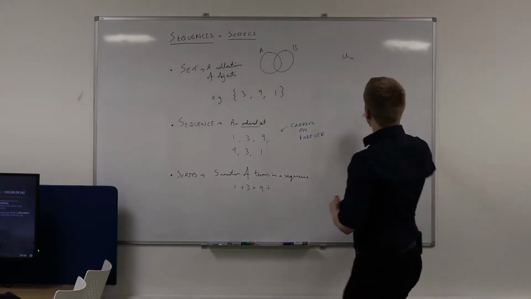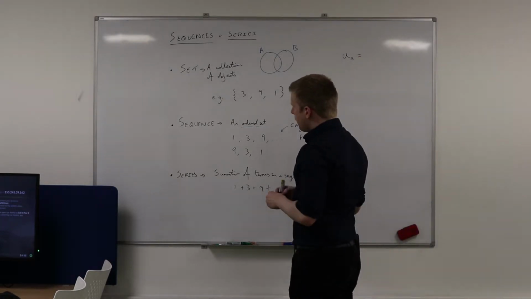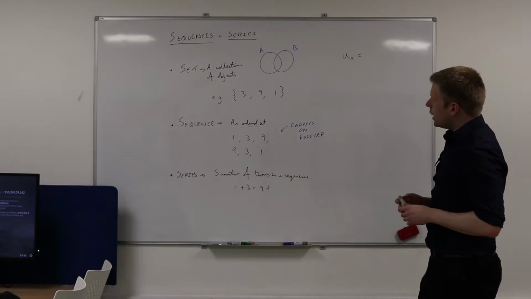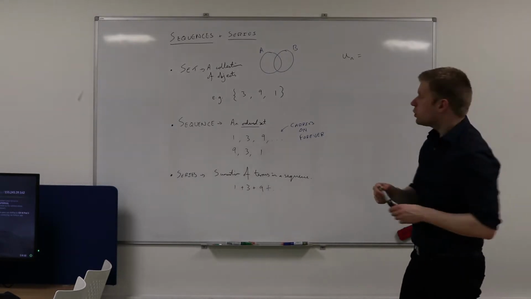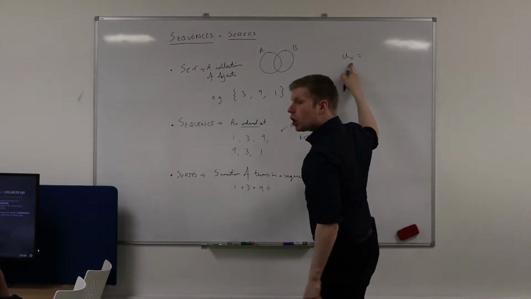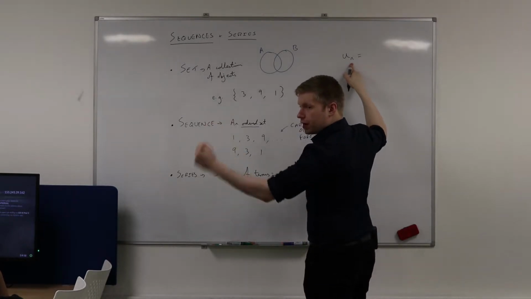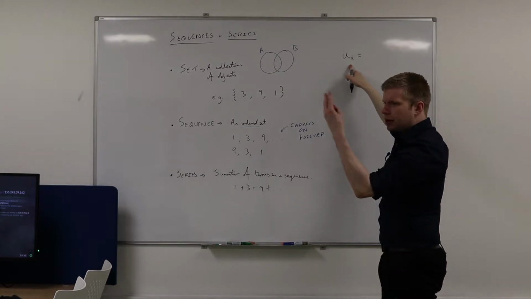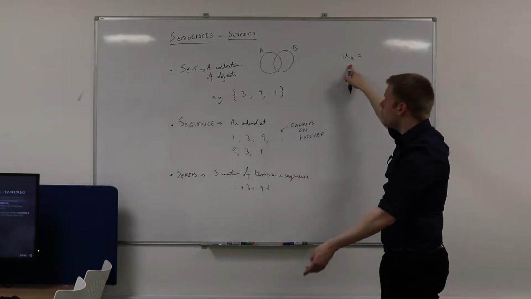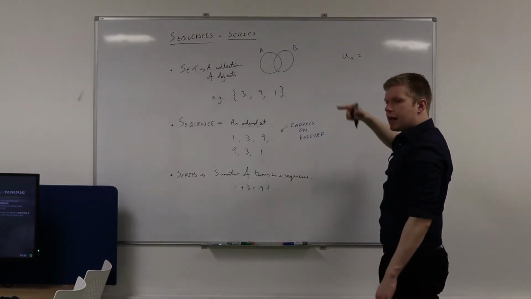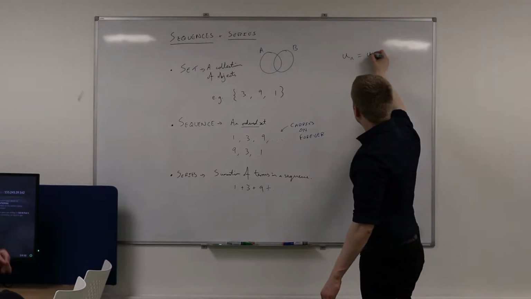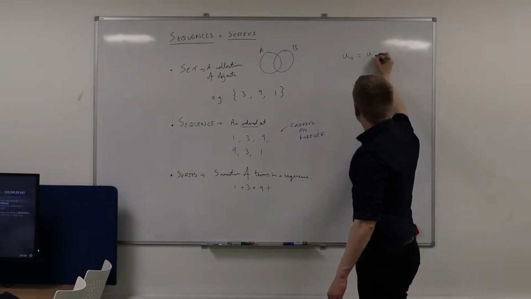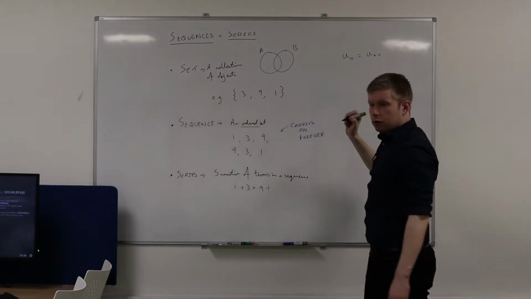Now watch this. Would you be happy that I could define it in terms of the previous term? So I could say that to get any term in the sequence, I take the previous term. So what would the previous term be? If un is, say, the 5th term or the 6th term or the 9th term or the millionth term, how would I get the next term? n-1, yeah?